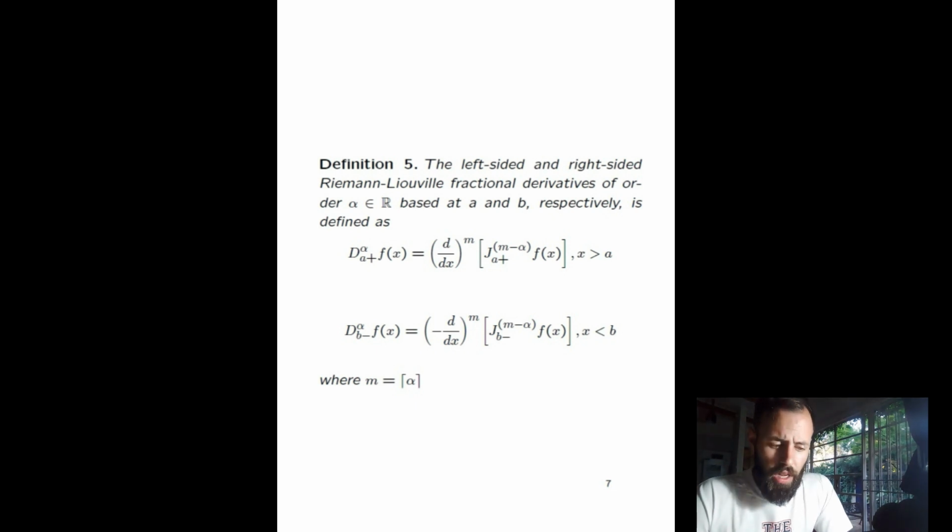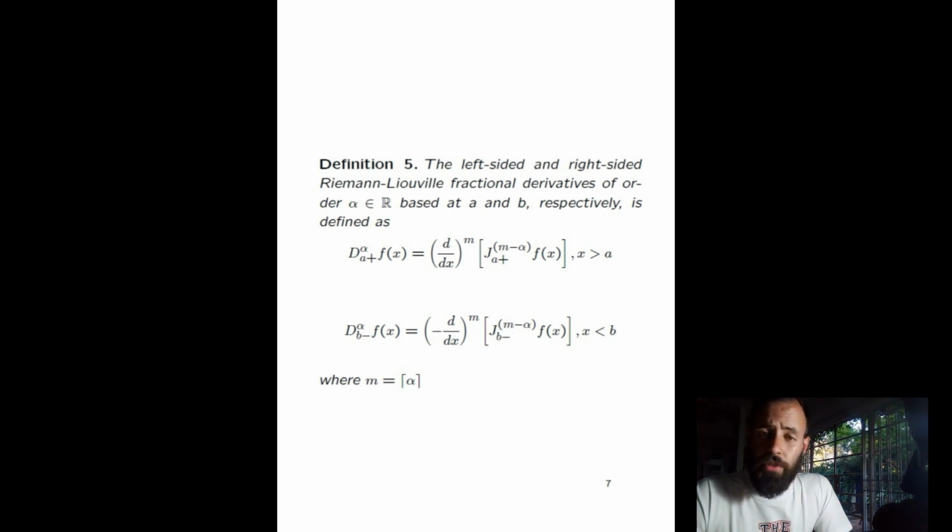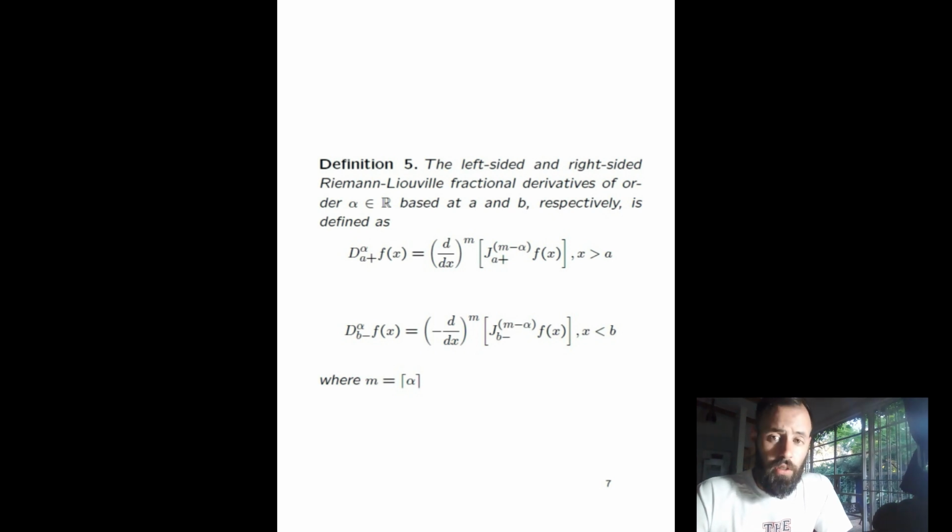Our next definition is the Riemann-Liouville fractional order derivative operator of order alpha, based at a and b respectively, and they are defined by these equations. It's important to notice here that the integer order derivative is applied after the non-integer order integral.